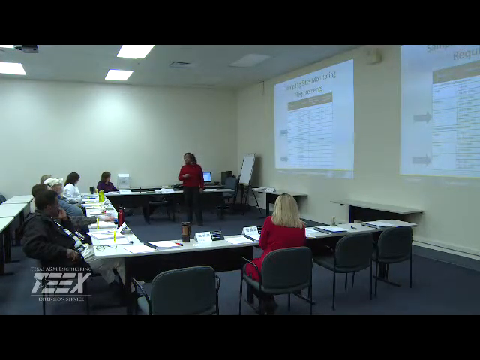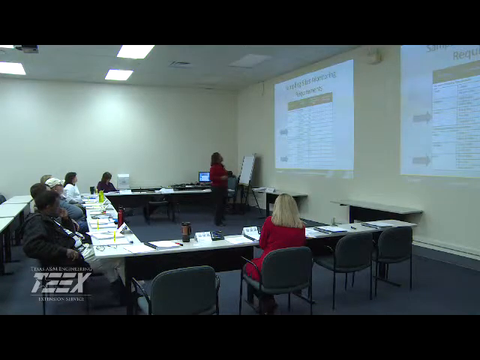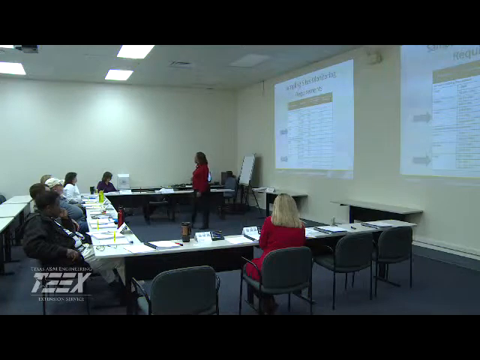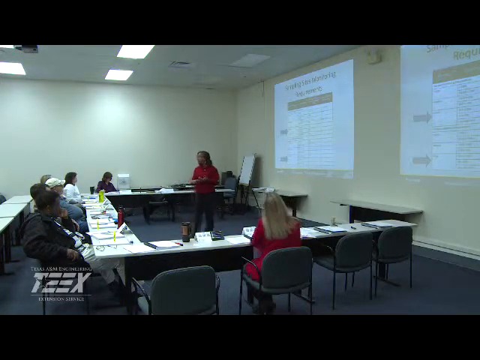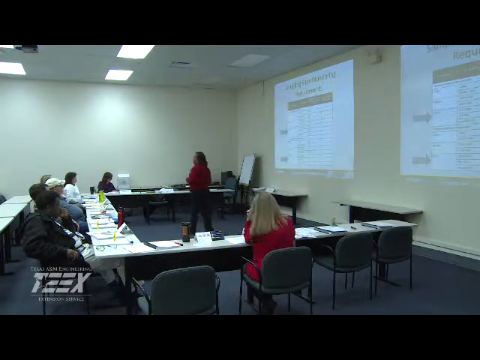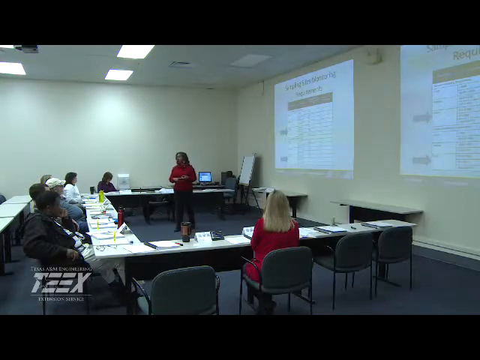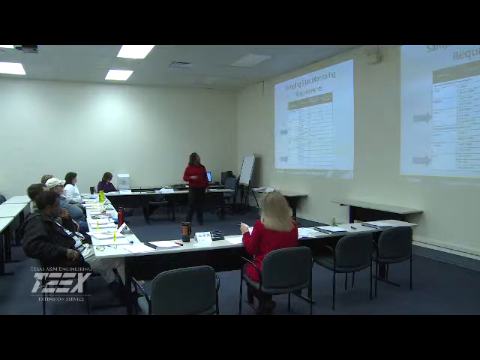We're geared toward the small systems here. For a population of less than 101, you're looking at at least 5 sample sites for lead and copper, and we're going to do water quality parameters on at least one site. The water quality parameters would be things such as pH, conductivity, orthophosphate, and silica, those parameters that can also affect the corrosivity of the water.